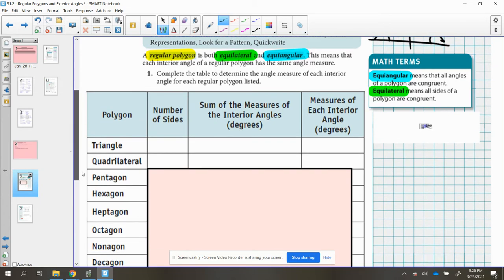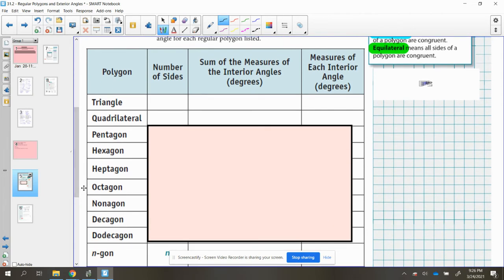Now, we talked the other day about the sum of the interior angles of a polygon, right? We talked about how the number of sides dictates that sum. There was 180 degrees total in a triangle, 360 degrees total in a quadrilateral. And if they were regular polygons, again, imagine that these were all the same size, like an equilateral triangle or a square, which is an equilateral quadrilateral.